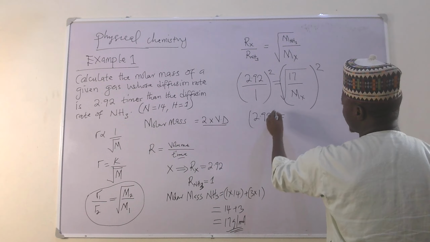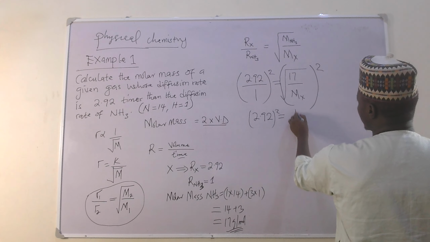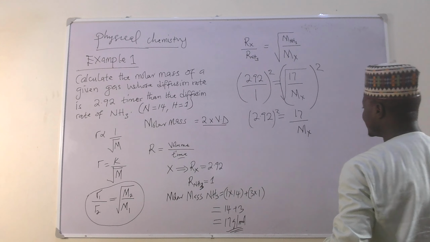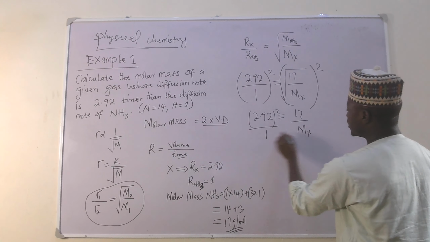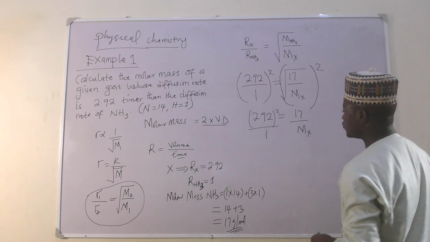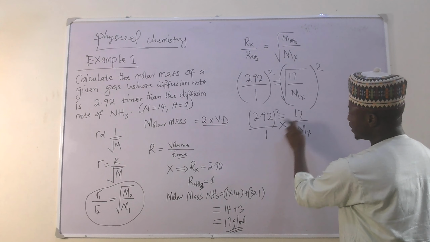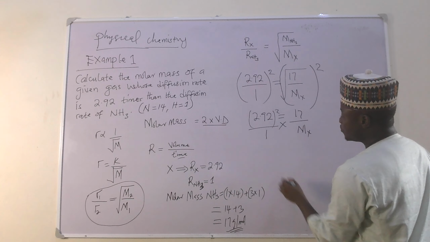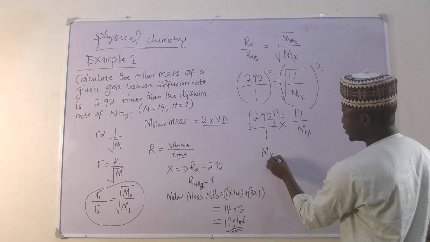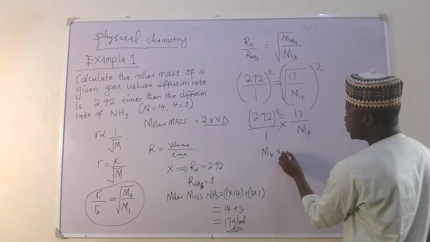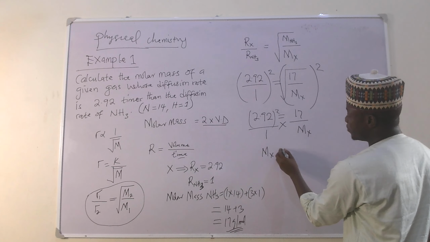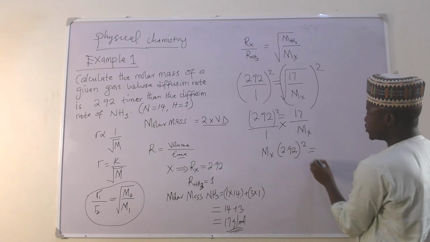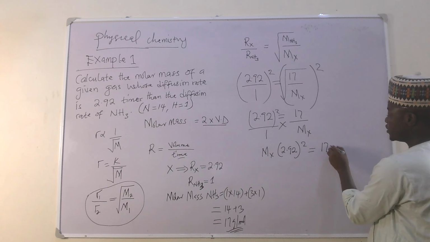So therefore, here we have 2.92 squared, and then we have 17 divided by the molecular mass of X. So we are now going to make the molecular mass of X the subject of the formula. So we now have 1 times 17, and then Mx times this. So therefore, we now have Mx times 2.92 squared is equal to 17 times 1.